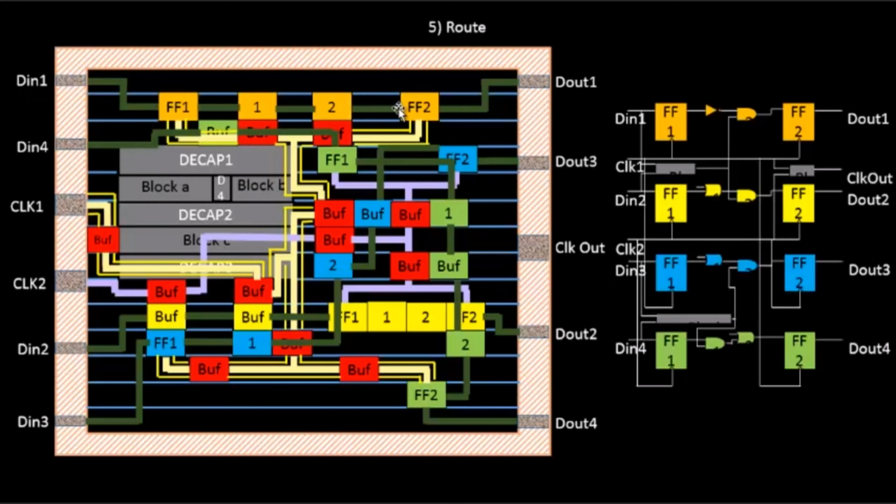If this route was not straight, but went somewhere over here and then came back to flip-flop 2, the estimated wire delay that we had computed might not match the exact route delay. So it becomes a very necessary step for the router to make sure that the existing timing is not disturbed while we do routes.